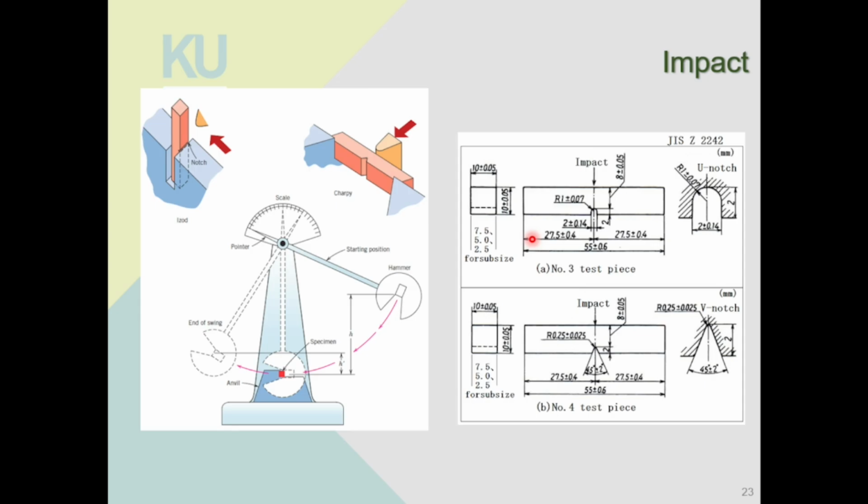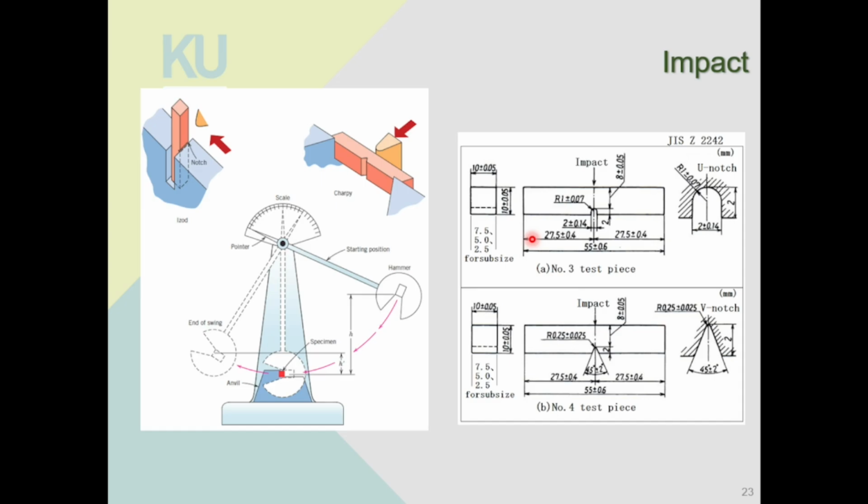So not so much. But if the specimen doesn't absorb a lot of energy, the hammer will travel up further, because initially it has this mgh amount of energy. Some energy will be absorbed by the specimen, and the rest will be transformed from kinetic energy back to potential energy.